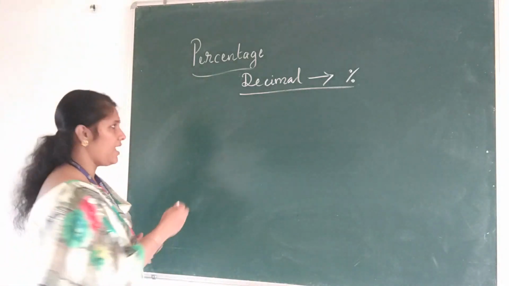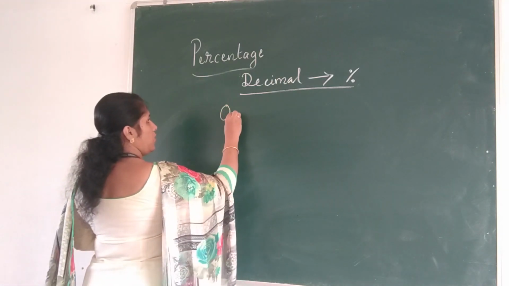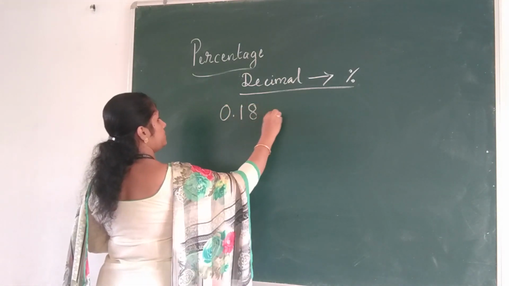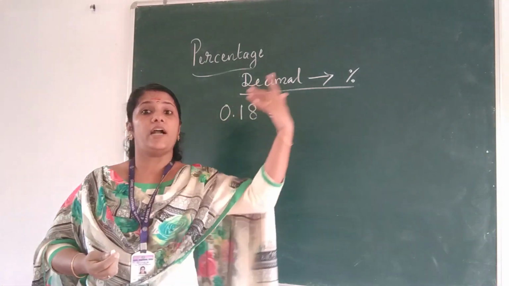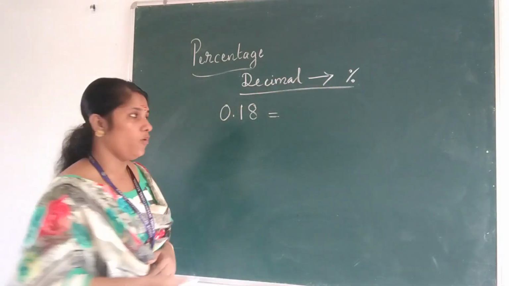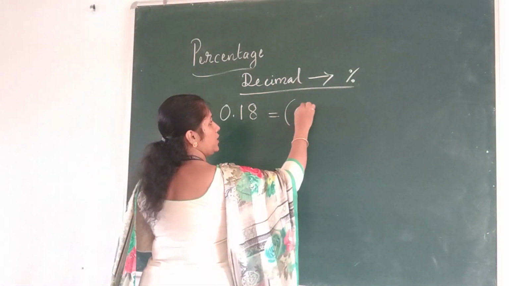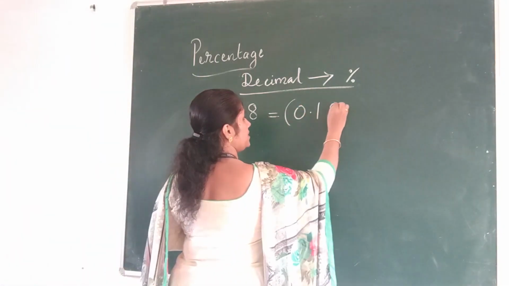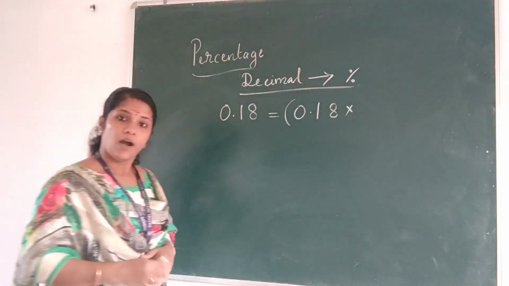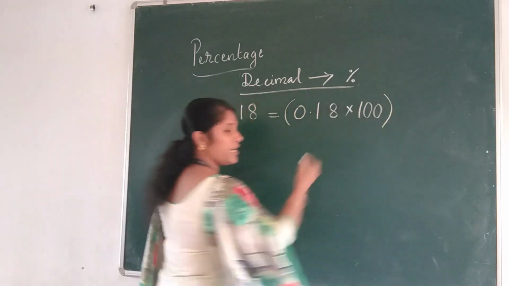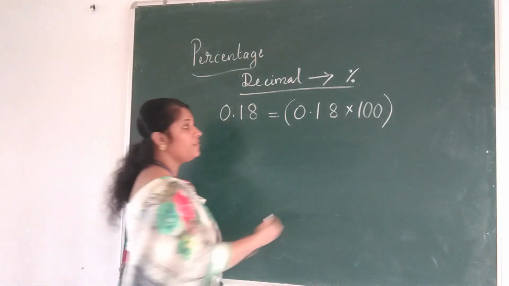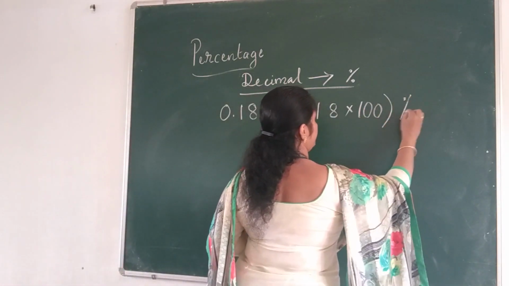Let's do it with an example, 0.18. We are going to convert 0.18 into percentage form. So it is 0.18 into 100. Outside the bracket we will have the percentage.